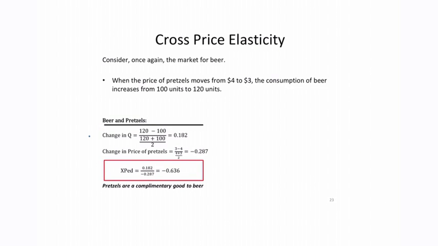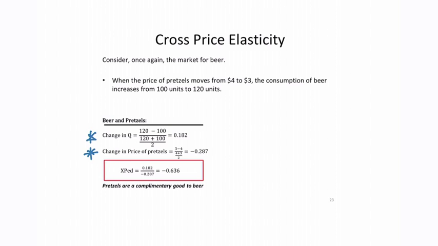So the change in quantity will be 120 minus 100 divided by 120 plus 100 divided by 2. Change in quantity of 0.182. Change in the price of pretzels, 3 minus 4 divided by 3 plus 4 divided by 2, will give us negative 0.287.